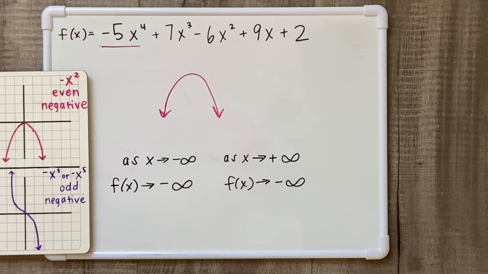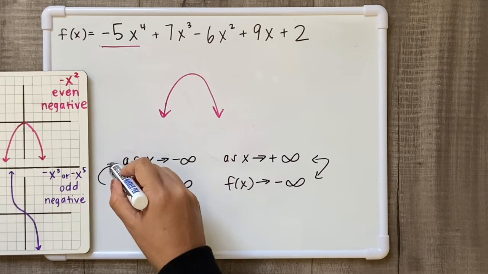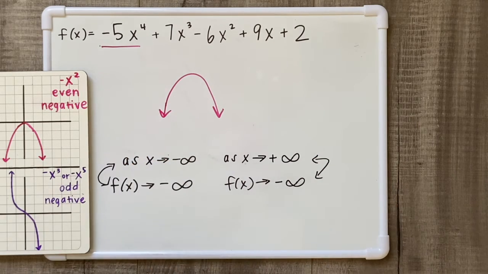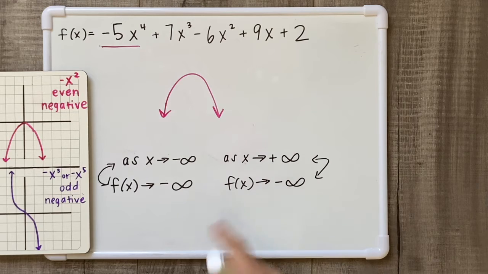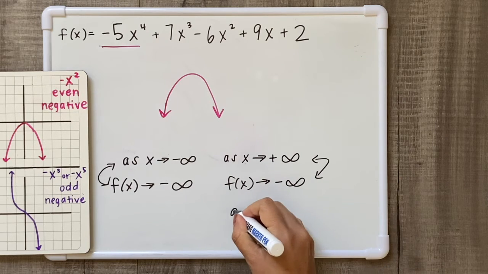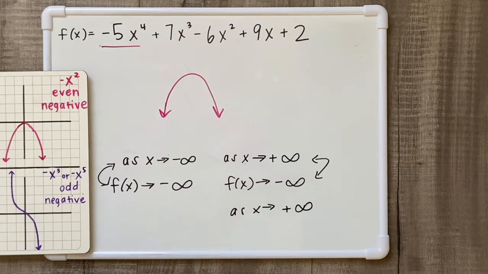And one last step is that usually in the textbook it will have these two flipped. So what you're going to actually end up writing is f of x approaches negative infinity as x approaches positive infinity.